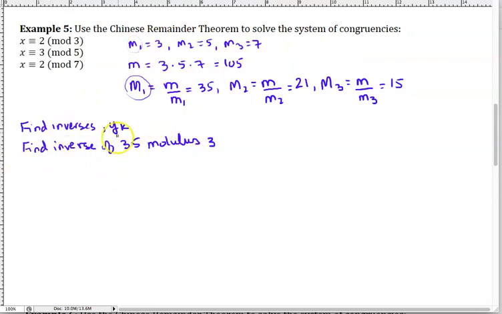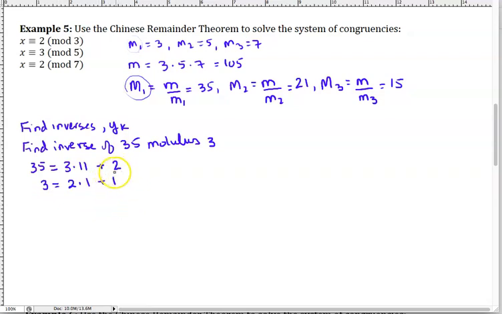When we find the inverse, you can do it by inspection, or you can do it with the Bezout coefficients. So let's go through the Euclidean algorithm. 35 divided by 3, we get 3 times 11 with the remainder of 2. Then 3 equals 2 times 1 with the remainder of 1.